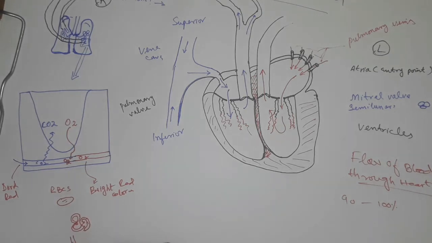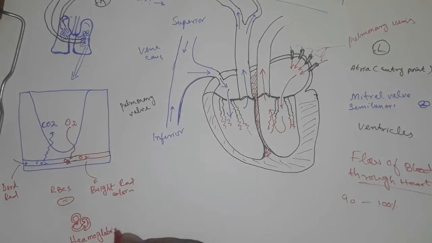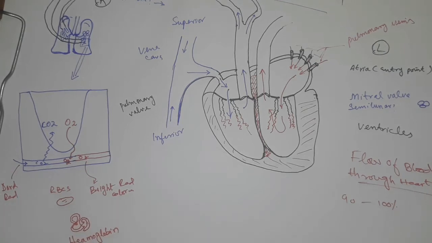So the hemoglobin molecules are present in each RBC in the millions, and each hemoglobin molecule can bind to 4 molecules of oxygen. So each RBC can carry millions of oxygen molecules when it is fully loaded with oxygen.